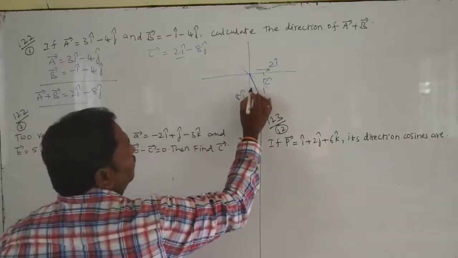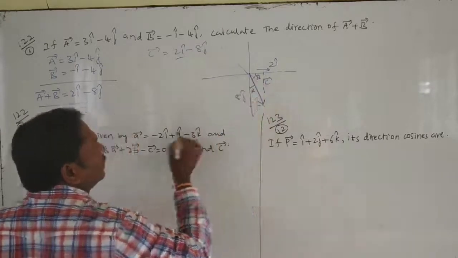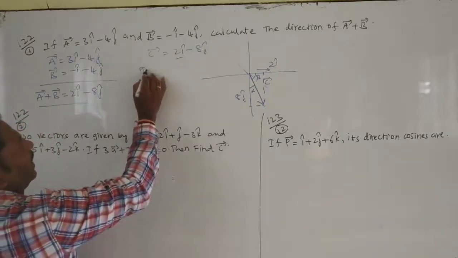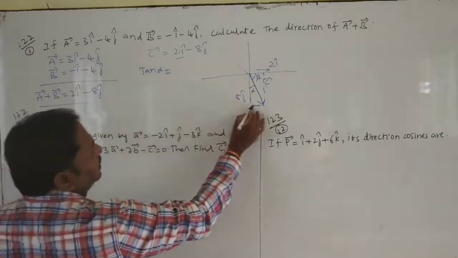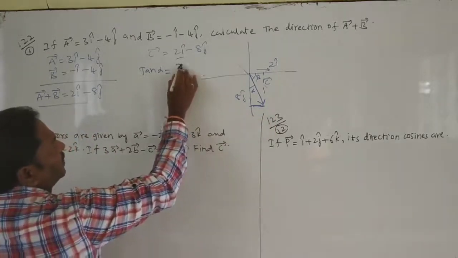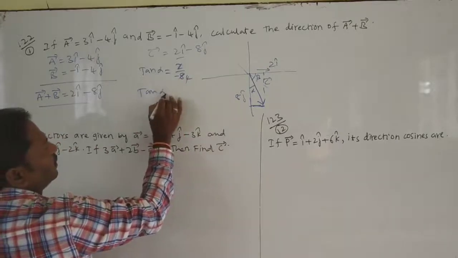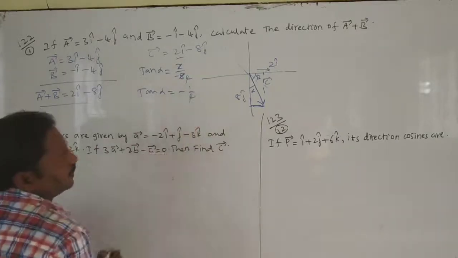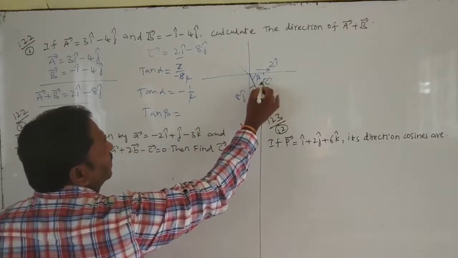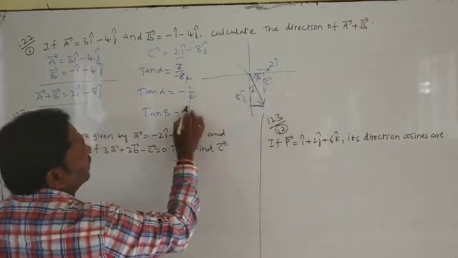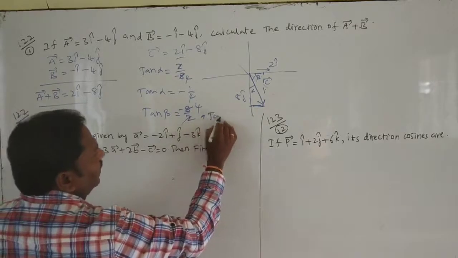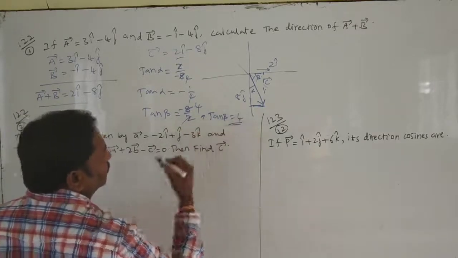Now we can find alpha or beta. To find alpha, tan alpha is opposite side 2 over adjacent side minus 8, which is 1 by 4. So tan alpha equals minus 1 by 4. Tan beta is opposite side minus 8 by 2, so tan beta equals 4.